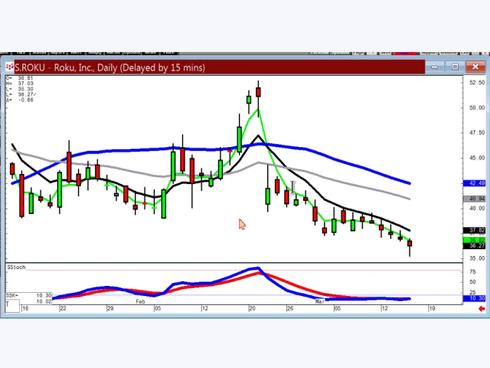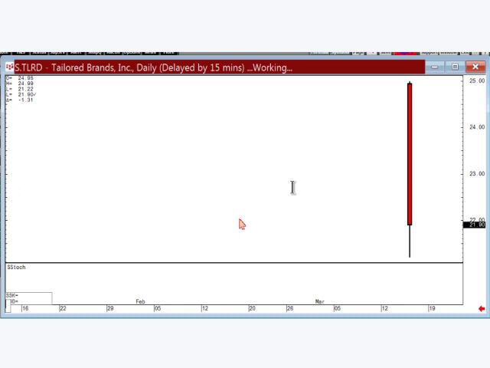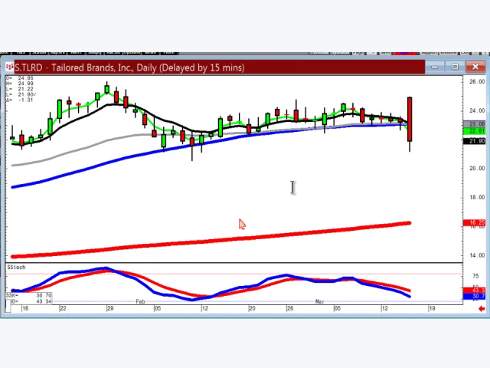TLRD, what's that telling you? There's been a major change of investor sentiment. So what do you want to be doing with this one? You can start shorting it on weakness with the anticipation that your next target could be down to the 200-day moving average.